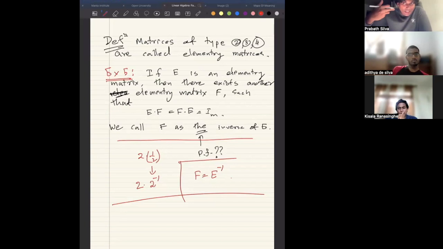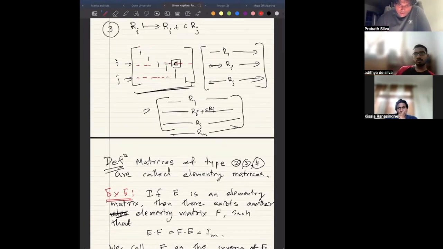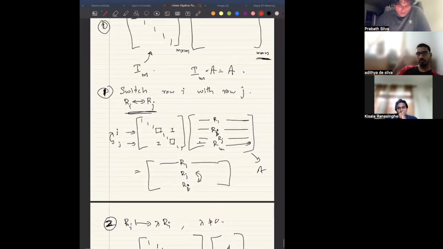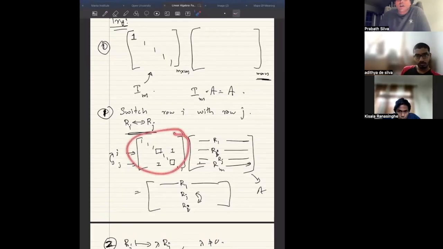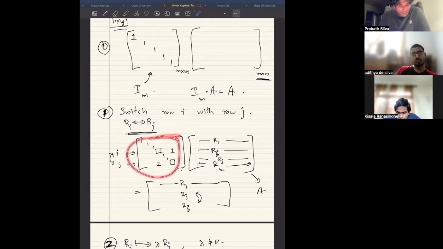The idea of how you find it: for example, what would be the inverse of this matrix? This matrix switches the rows i and j. If you do it again, you get back to the identity, right? So you can verify that if this is matrix E, and you take F to be this one, you get the same thing when you multiply.